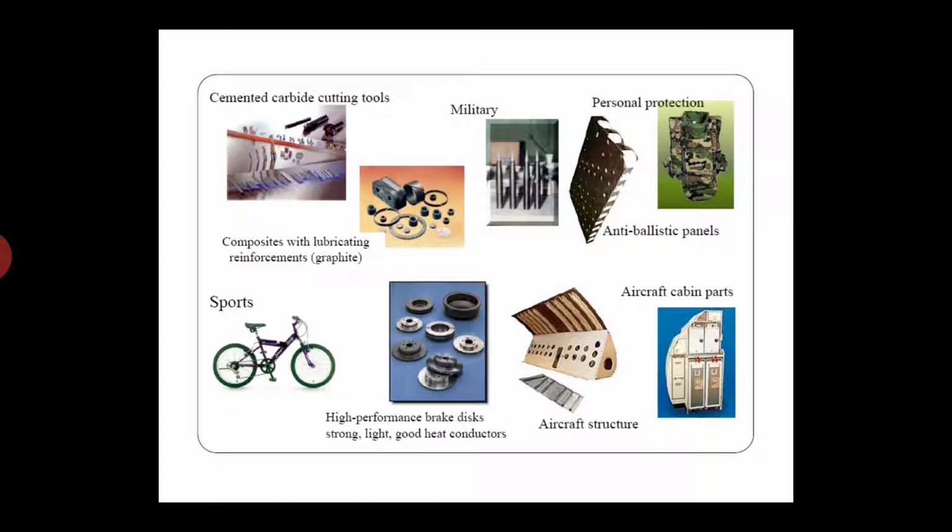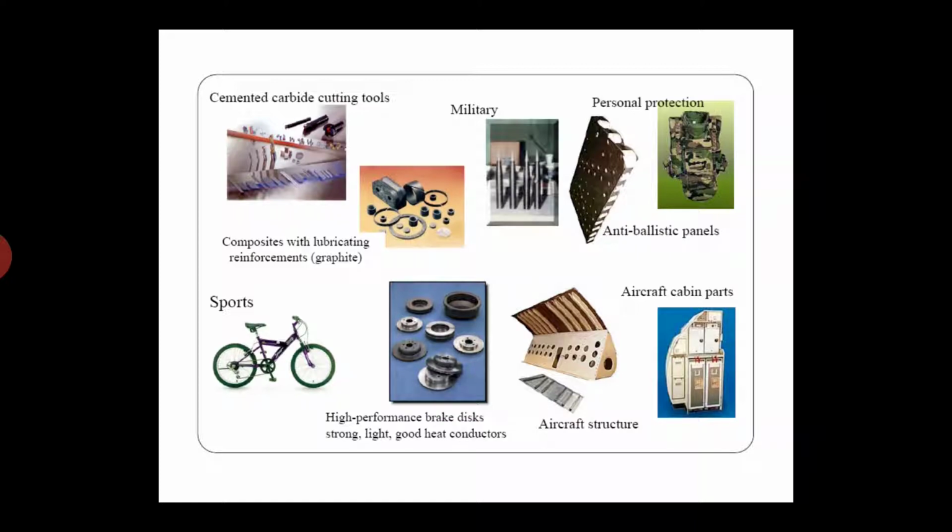Then military weapons are also manufactured using composite material. Then personal protection, suppose we consider the anti-ballistic panel or bulletproof jacket, is also an example of composites. Then sport bicycles, we know that nowadays very lightweight bicycles are coming.